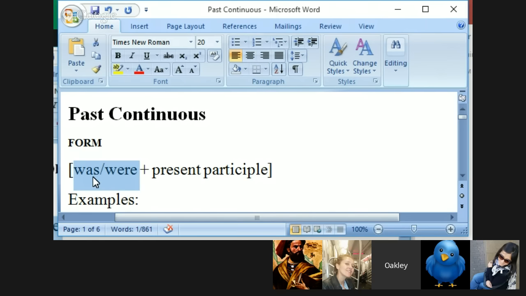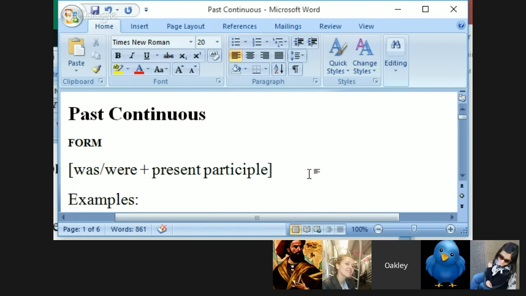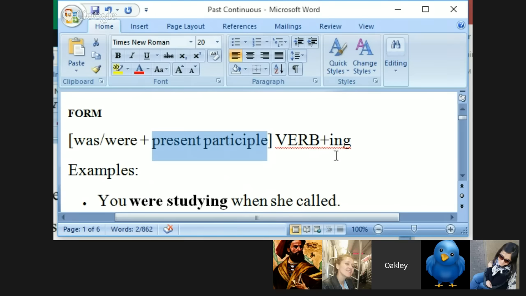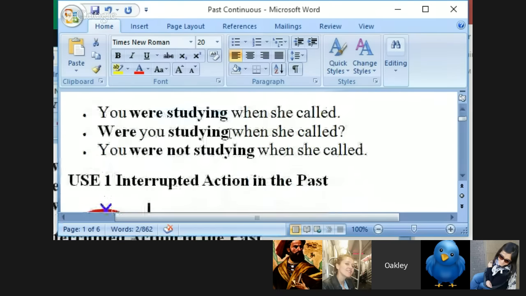Past tense of the verb to be plus the present participle, aka the ing form of the verb. So the present participle is the verb plus ing. That is what is known as the present participle, or the continuous form, whatever you want to call it.